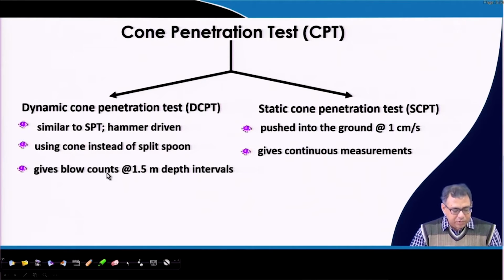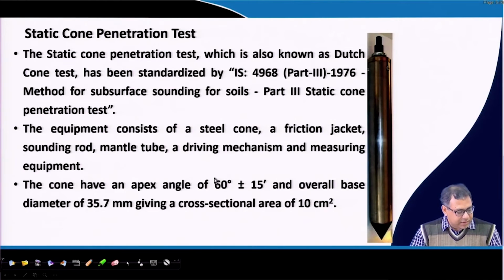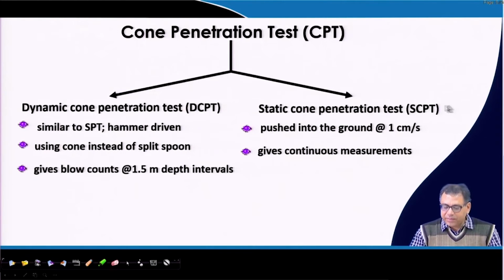Again, the blow counts are given at an interval of 1.5 meters. For the static cone penetration test, it is pushed, it is not hammer driven like SPT or DCPT. It is pushed into the ground at 1 centimeter per second, and it gives continuous readings. SPT also gives readings at certain intervals, 1 meter or 1.5 meters.